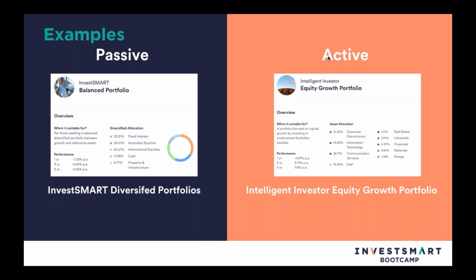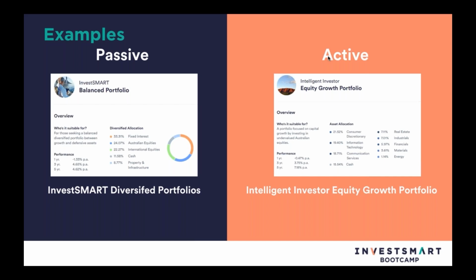It spreads it across different kinds of assets that we can see there, and it invests into exchange traded funds. And what they're doing is they're basically tracking an underlying market or an underlying index itself. And a good example is for Australian equities, we invest in an ETF that is basically just going to track the ASX 200. So it's not trying to beat it.